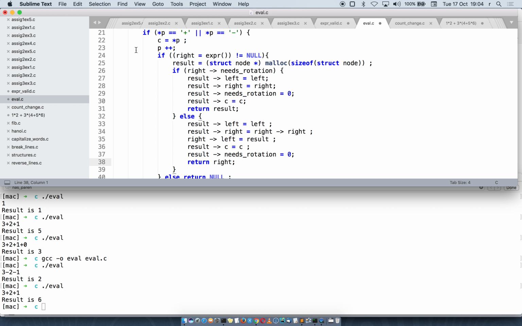Result dot right dot right would be 2, so result dot right becomes 2. Right dot left is result. Right dot right stays the same, which would be 1.